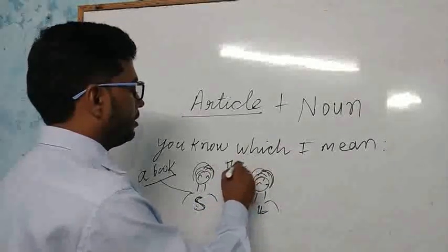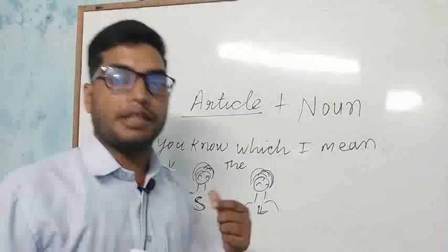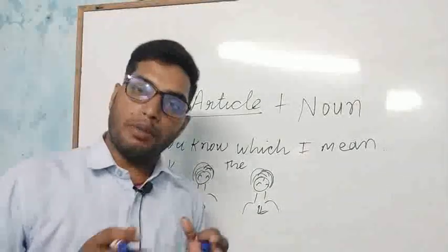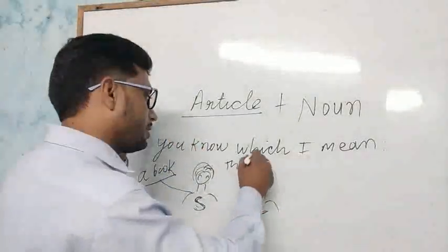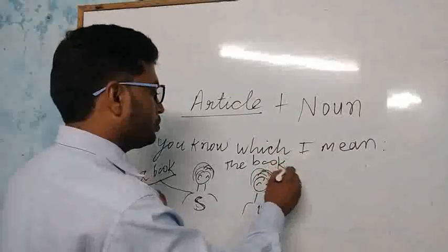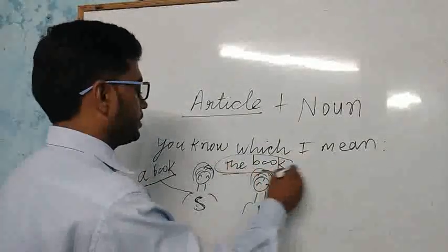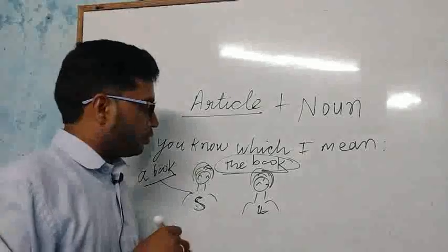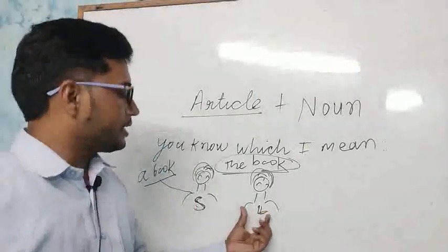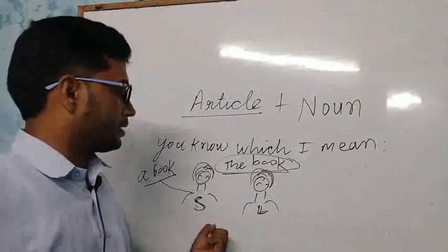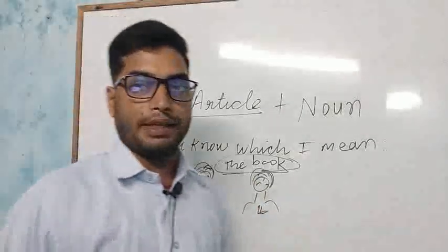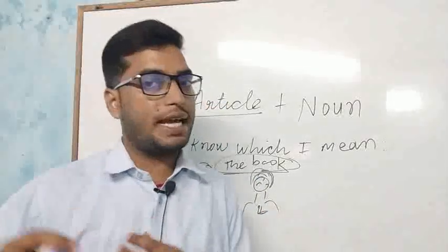There the speaker will use the book. Have you returned the book, it means that is known to speaker and listener, right? So when speaker and listener, two persons, know about something, we use the.